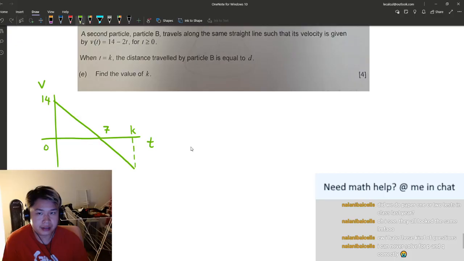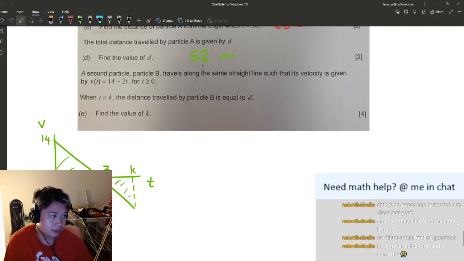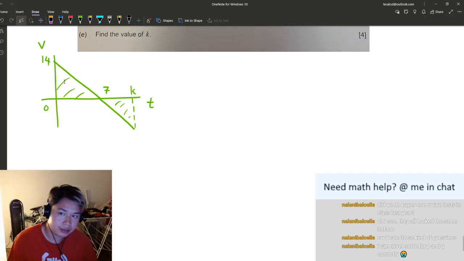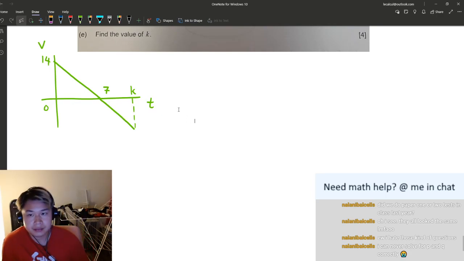I know that the area of these 2 triangles is going to be the distance this particle travels, which is 52. And for triangles, you don't need to use calculus, because you have basic geometric formulas. This triangle has a height of 14 and a base of 7.